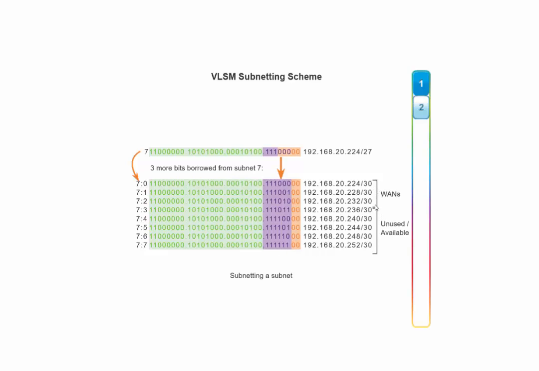We use 3 of these subnetworks for the WAN connections, and in that case it will be /30, and the rest will be unused for future growth. So that's one way of subdividing the subnets at 2 levels, or sometimes 3 levels, using variable length subnet mask.